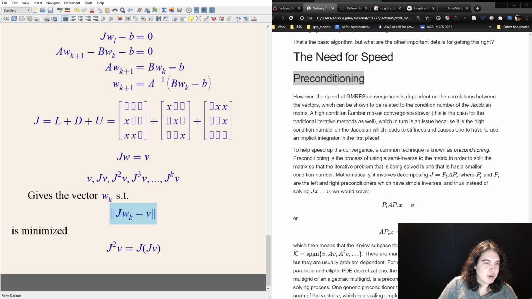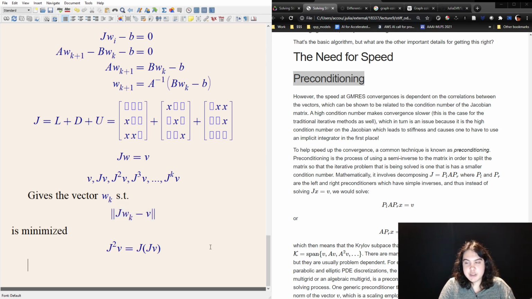The condition number of your matrix is defined by the largest eigenvalue divided by the smallest eigenvalue. Remember, when we're talking about stiffness, that is a very large difference because that's time scale separation. So by definition, you have an ill-conditioned matrix, and standard GMRES will have bad convergence without doing something to correct that. That way to correct it is called preconditioning, right?